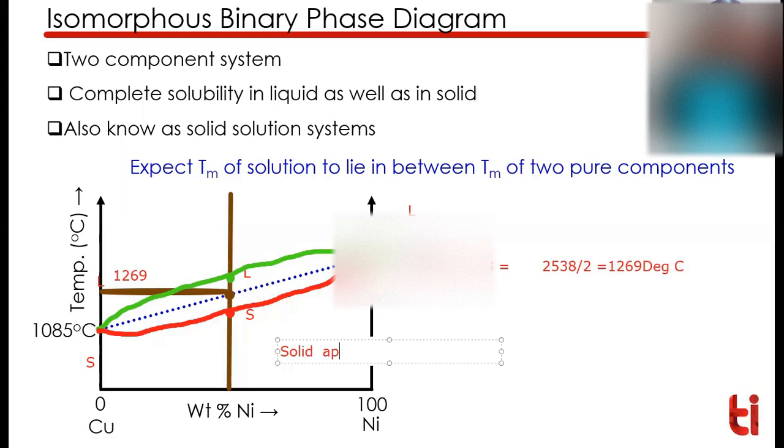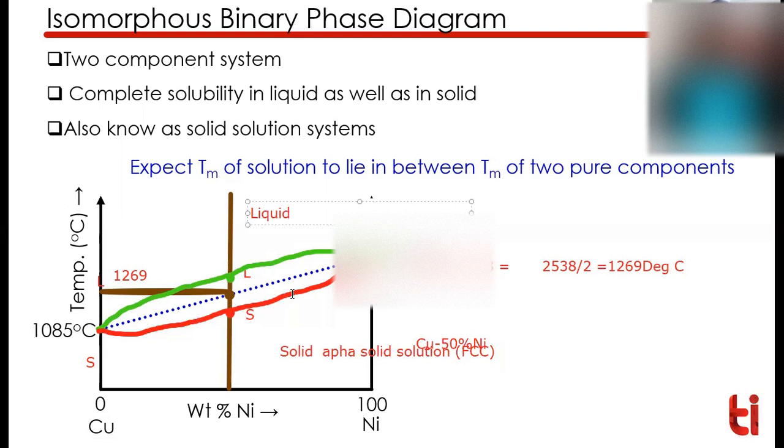I cannot type alpha here, so I'm writing alpha solid solution. This solid solution also has the FCC crystal structure because both elements have FCC structure. Then above this we have a liquid.